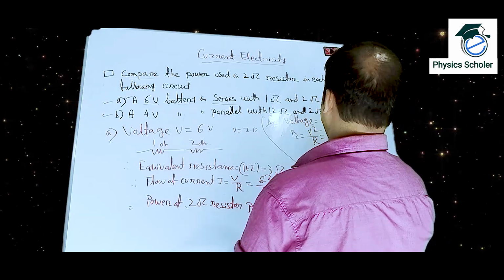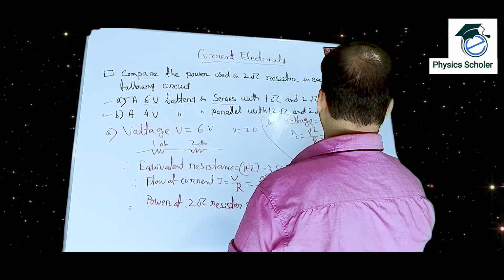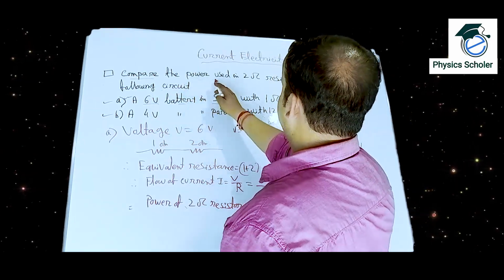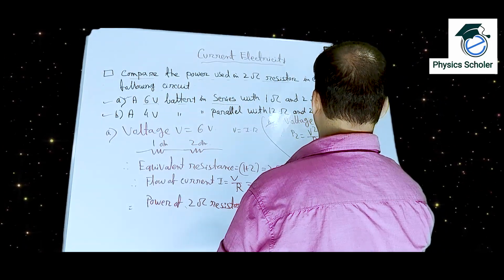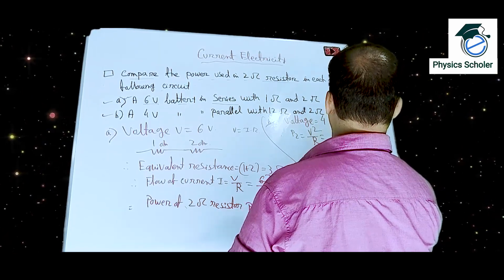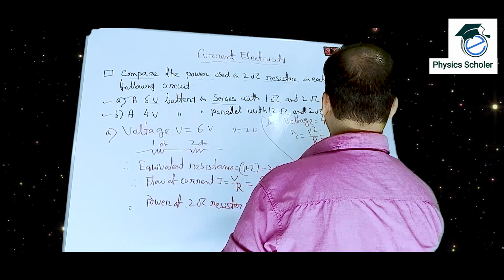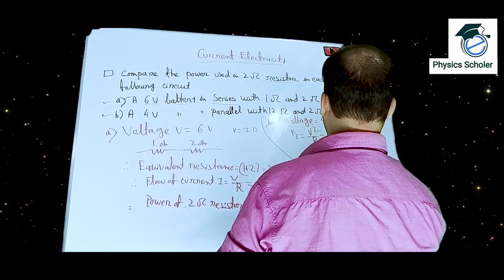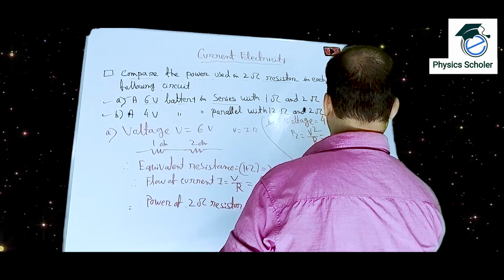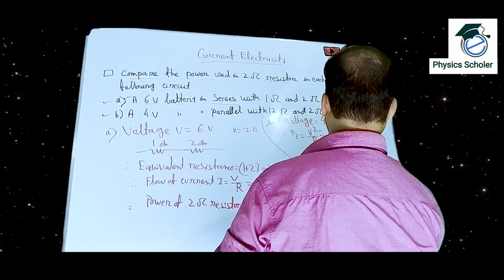So it will be 4 into 4 by 2. That means 8 watt. So that means, compare the power used. In both the cases, the power used by the 2 ohm resistor will be the same. That means 8 watt.